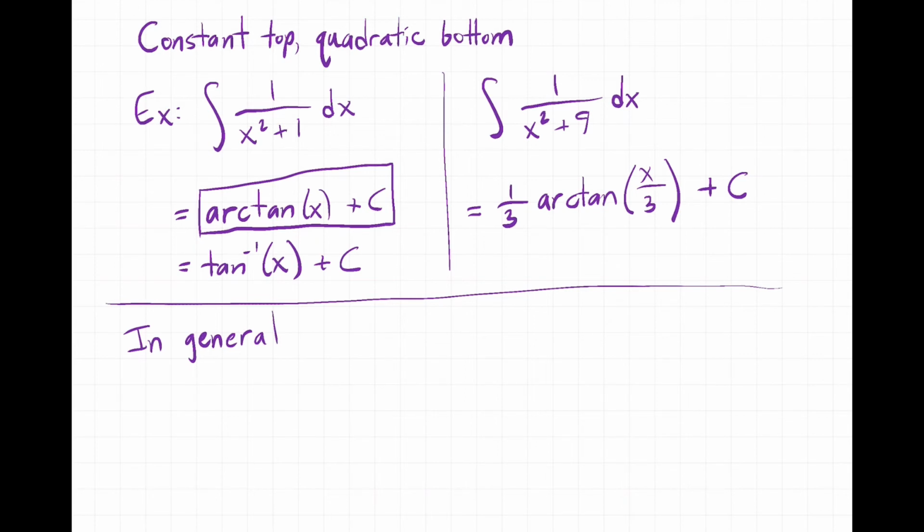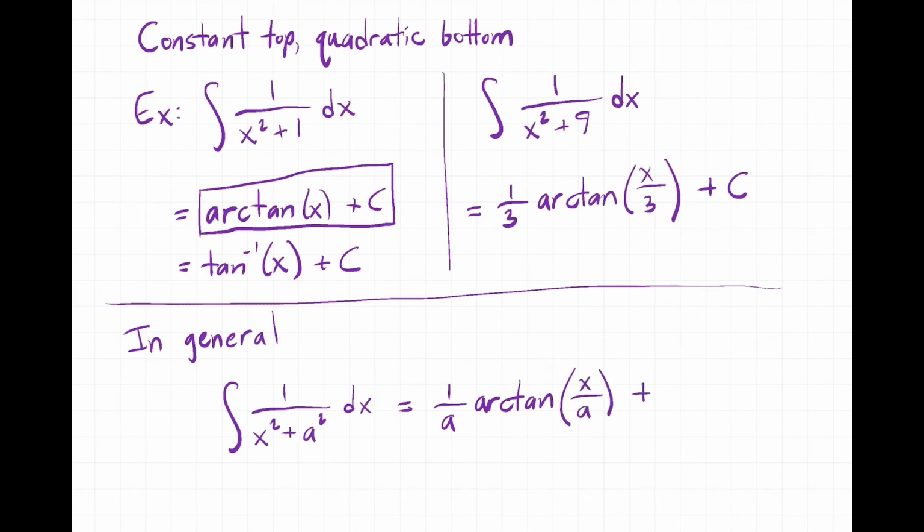In general, here's the general formula here. The integral of 1 over x squared plus a squared. A can be any number, doesn't even have to be an integer, but x squared plus a squared dx is always going to be 1 over a arctangent of x over a plus a constant.